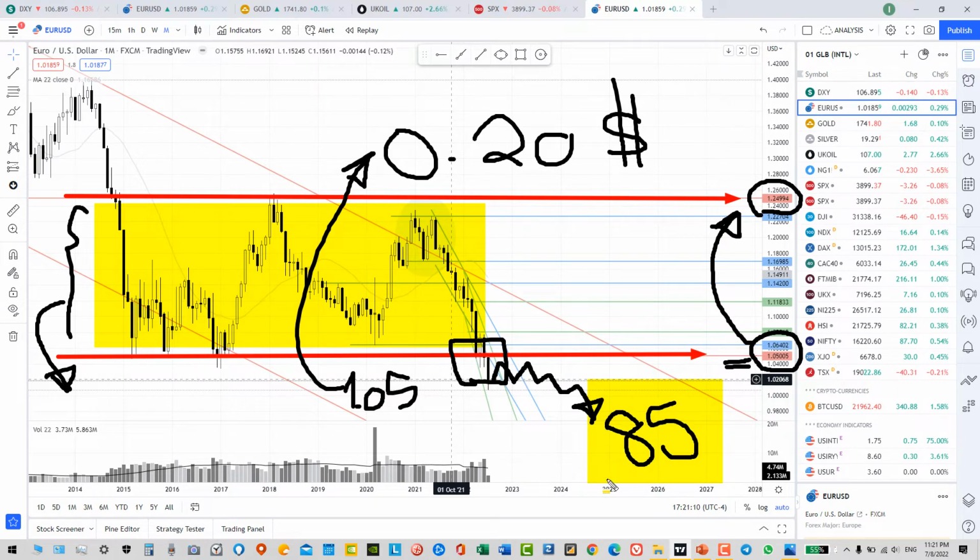Continuation of closing below 1.05 will approximately lead to the 0.85 level over the long term.